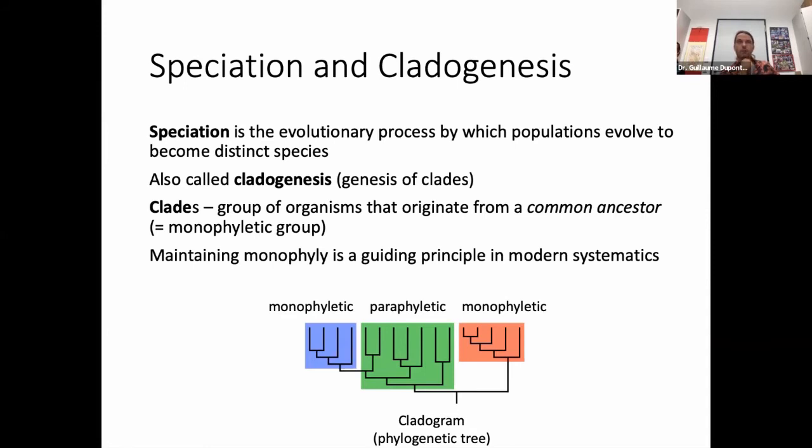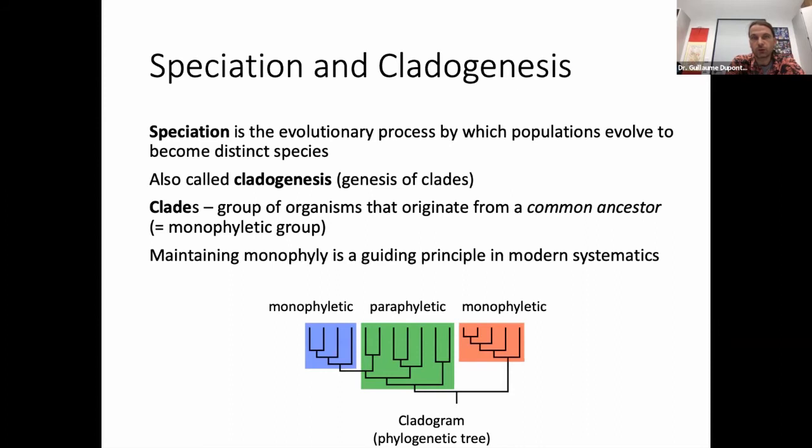But what I want to say is that today in taxonomy, because of the rise of genetic data, these phylogenetic relationships are often based on genetics. Monophyly is a guiding principle of modern systematics.